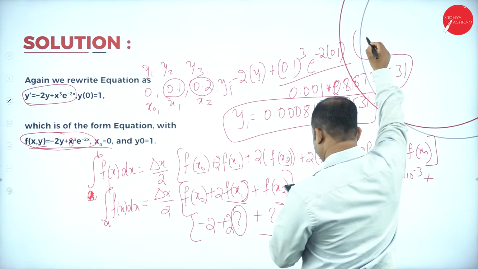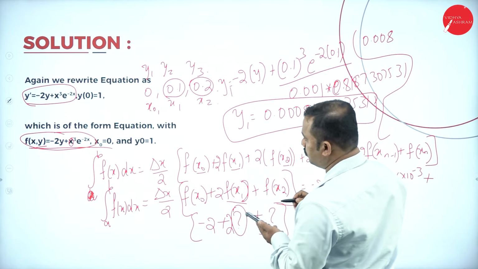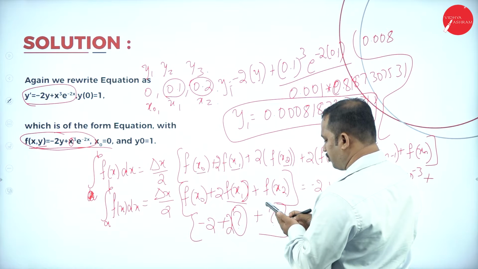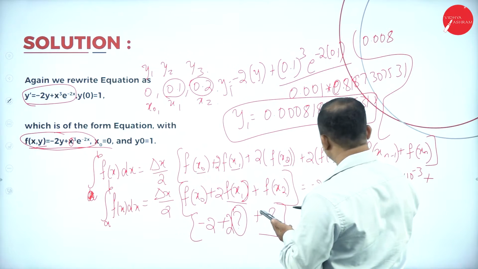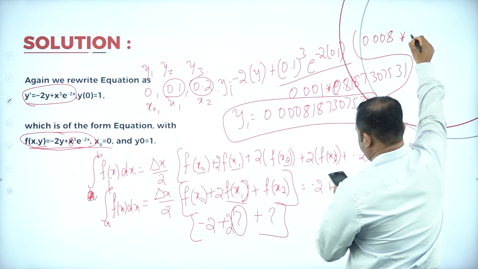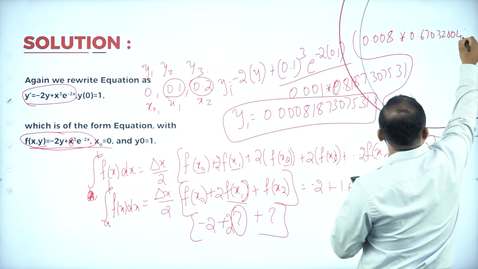That is 0.008 into e raised to the power of minus 2 into 0.2. E raised to the power of minus 2 into 0.2 is equal to 0.6703200046.